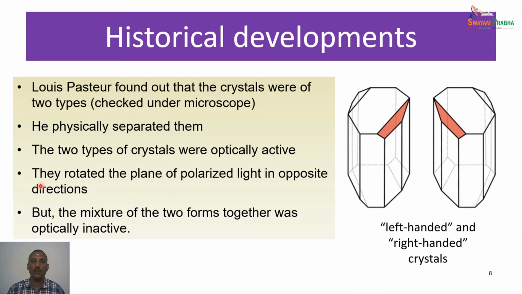Another important thing he identified was that they rotated the plane polarized light in exactly opposite directions with the same magnitude. But when he mixed the two crystals in a 1:1 ratio, they were optically inactive. These are all the major developments by Louis Pasteur in the field of optical activity.